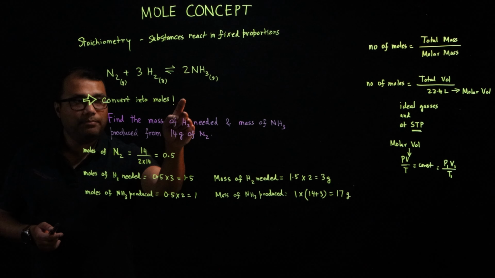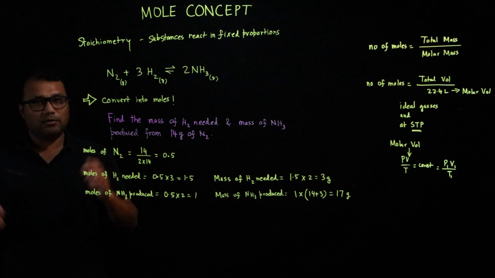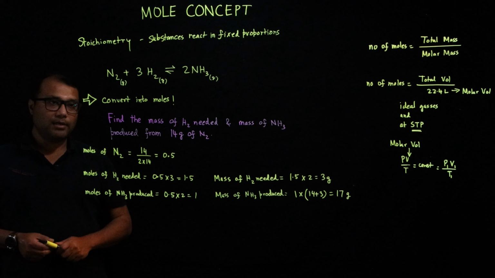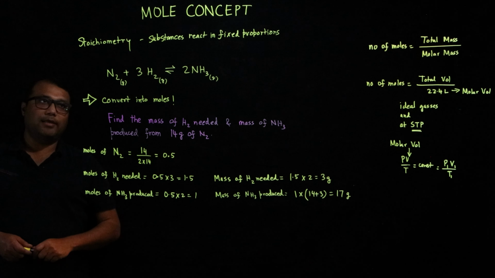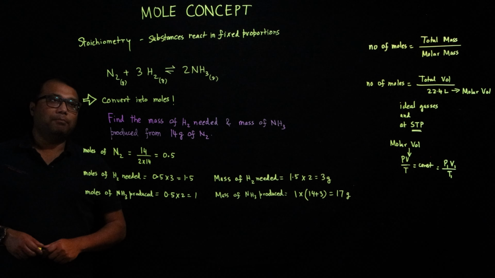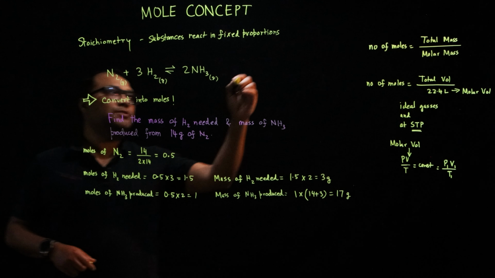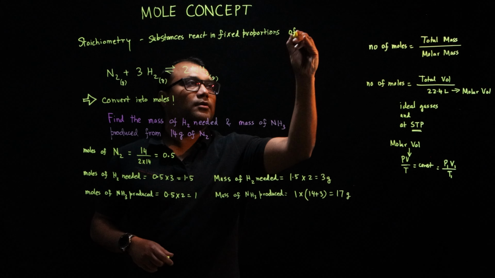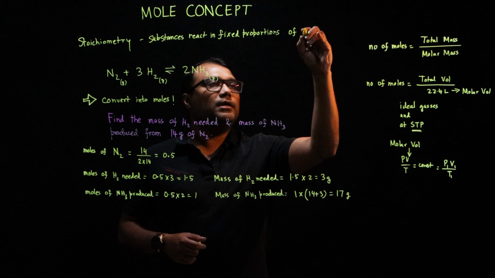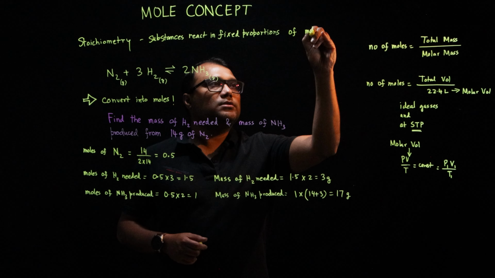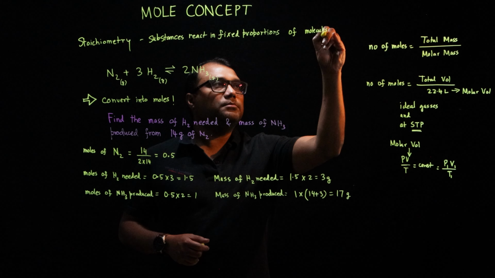Those ratios only apply to moles, not masses. It only applies to the number of molecules that are combining. So substances react in fixed proportions of not mass but molecules or atoms.